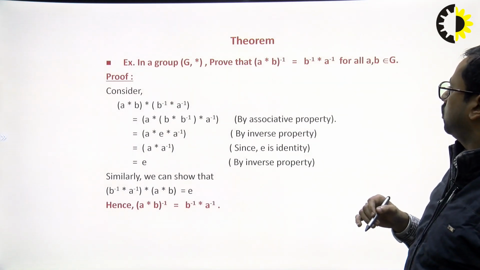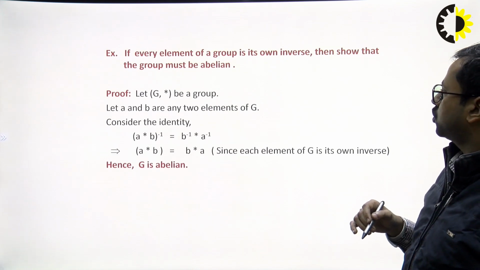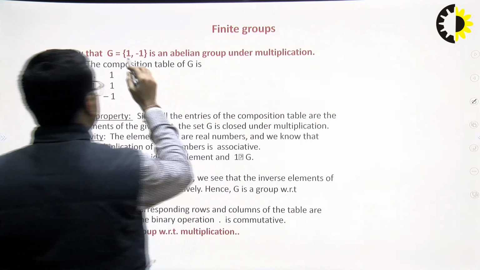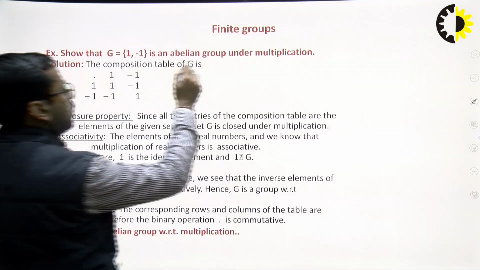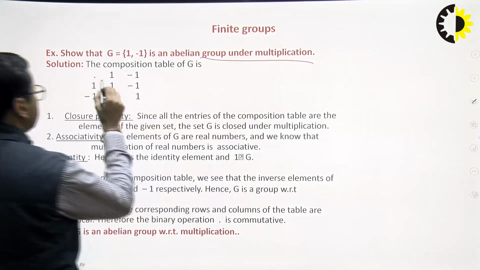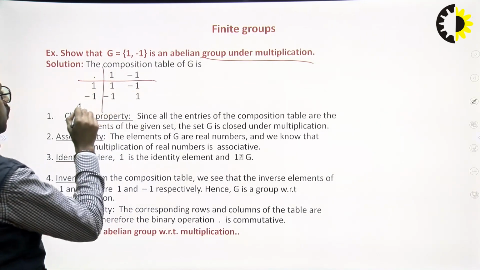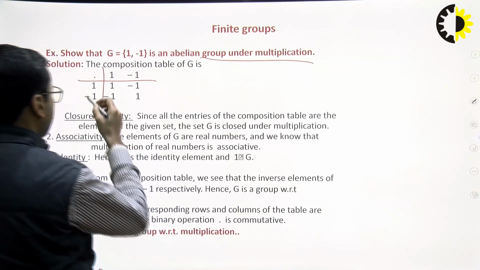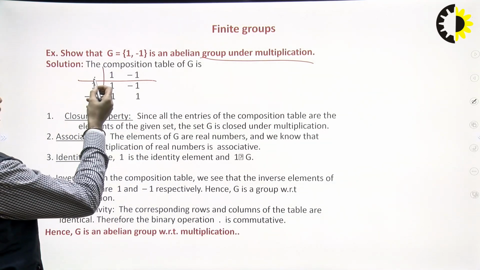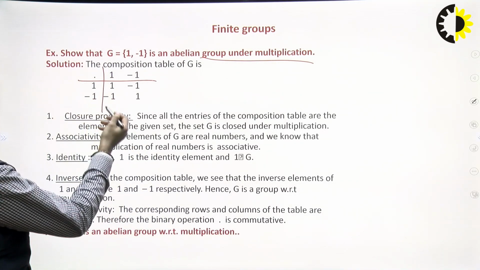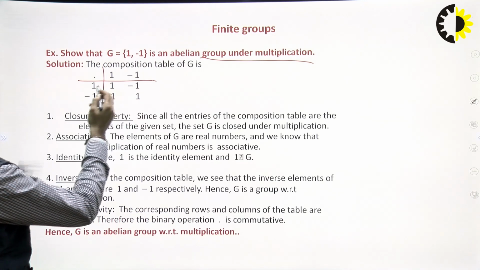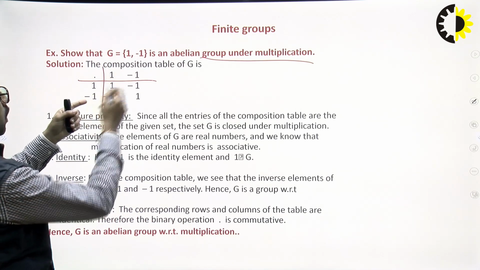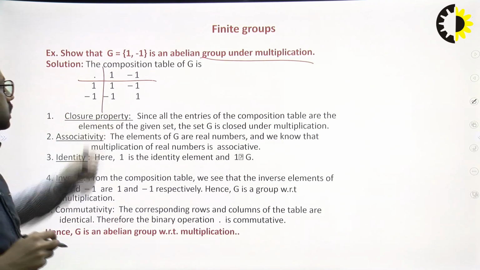One of the main important questions I will discuss here. Show that 1 comma minus 1 is an abelian group under multiplication. Here when we apply the operation of multiplication to the two elements 1 and minus 1, the resultant values will be 1 into 1, 1 into minus 1, minus 1 into 1, and minus 1 into minus 1, that is 1.